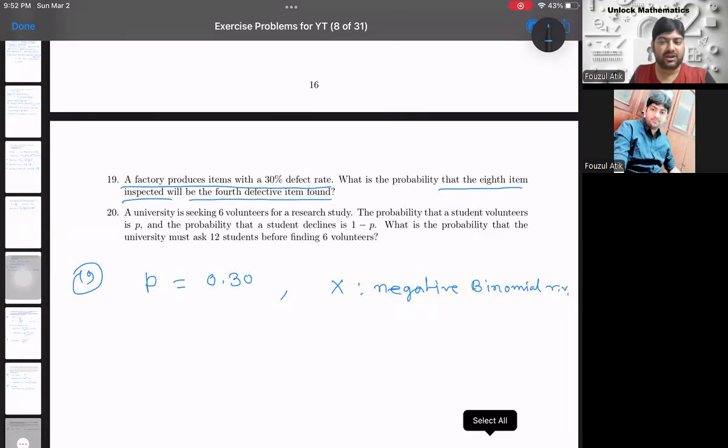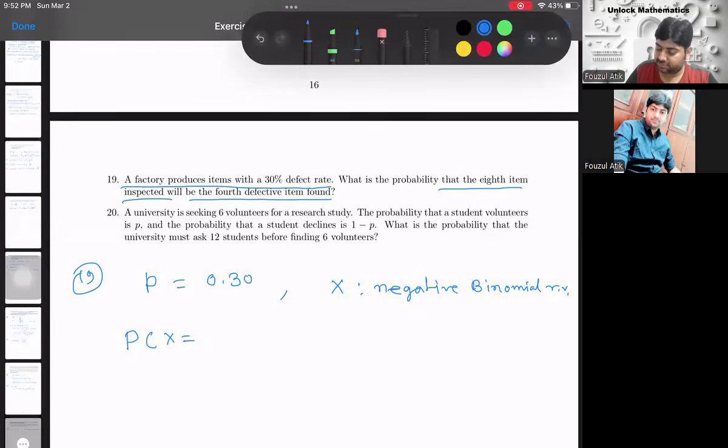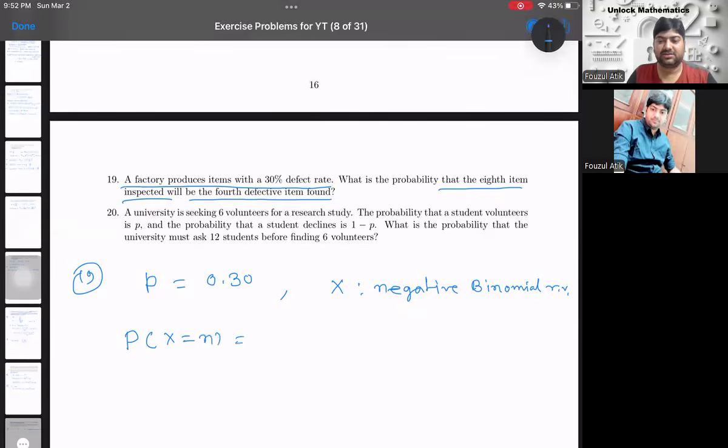And we all know that for a negative binomial random variable, what is the probability mass function? So the formula is P of X equals k, or P of X equals n. Maybe I'll write down n only, the way we have discussed in our lectures. So P of X equals n. That means in the nth trial you have the rth success, right?